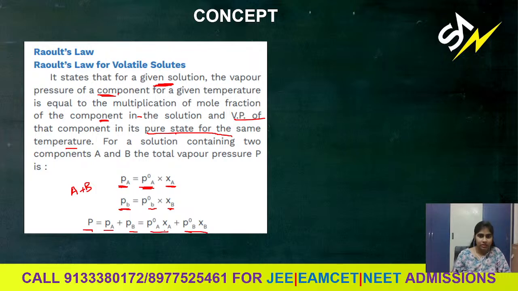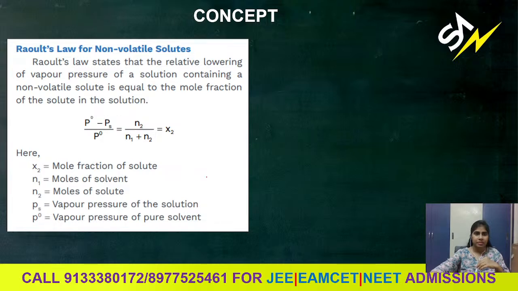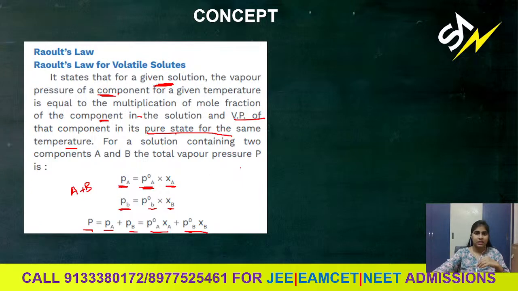So the total vapor pressure can be given using this formula. Remember this. And next, this is for volatile solutes. What is volatile? That which can evaporate easily. This is applicable for volatile solutes.